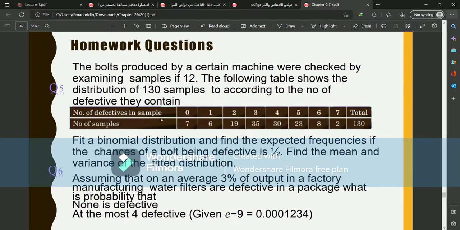The defectives in a sample are from 0 to 7, and the number of samples are 7, 6, 19, 35, 33, and 28. Find the binomial distribution and find the expected frequency. If the chance of a bolt being defective is 1 over 2, find the mean and variance of the fitted distribution.